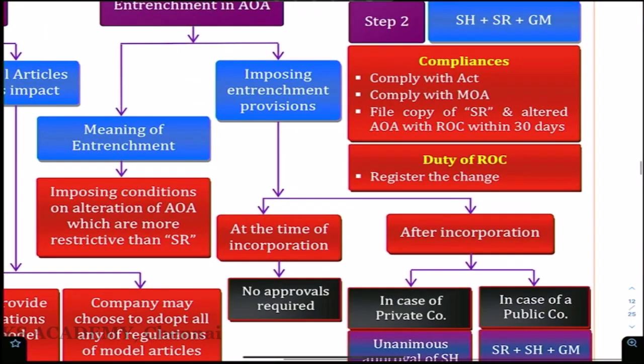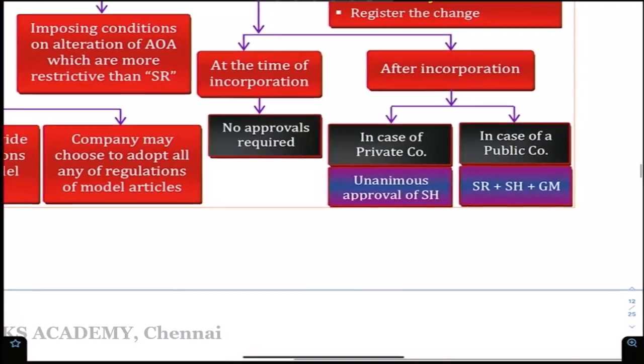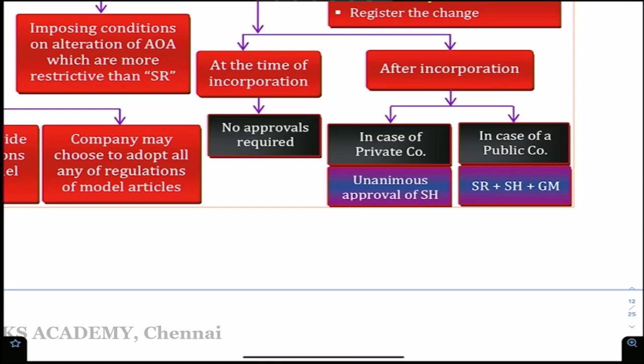Next, imposing entrenchment provisions. When you can put at the time of incorporation, after incorporation. If you want to put at the time of incorporation, no approvals required. After incorporation, private company unanimous, public company shareholders by passing a special resolution in a general meeting.